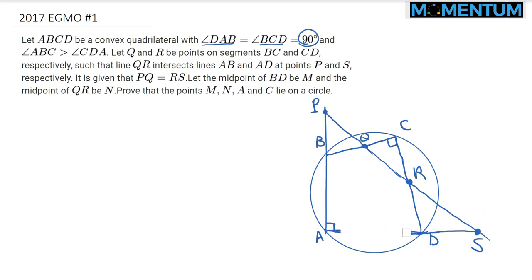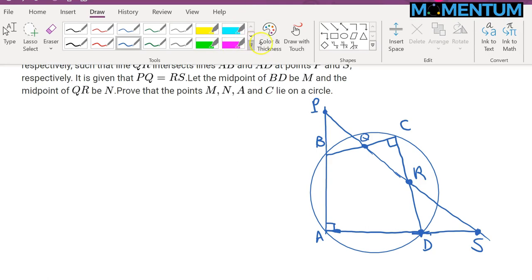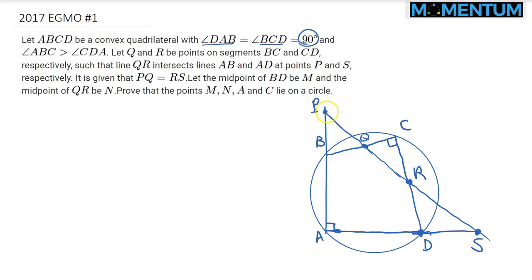Okay, I messed up my picture pretty badly. Okay, come on. All right, this is the point D here. What else? It's given that PQ is equal to RS. So maybe I can have another color. So this segment PQ is apparently equal to RS. It doesn't seem like that, right?